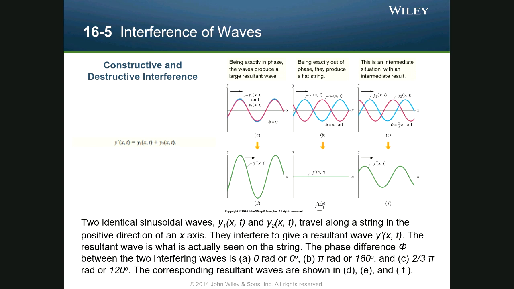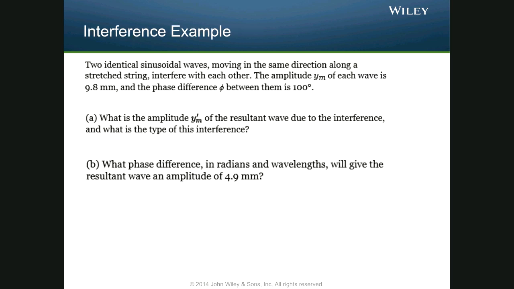On question B, y prime would be 4.9 millimeters, right? Because Y prime will be 4.9 millimeters. So basically in part B, you don't know the phase anymore. So in part B, you have to cross this number out. You don't know that. That's what you're searching for.